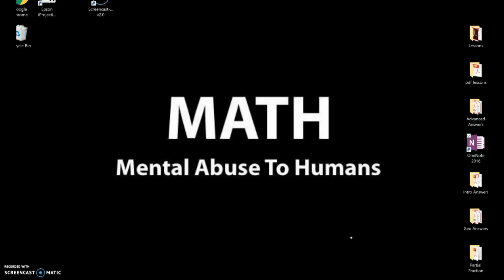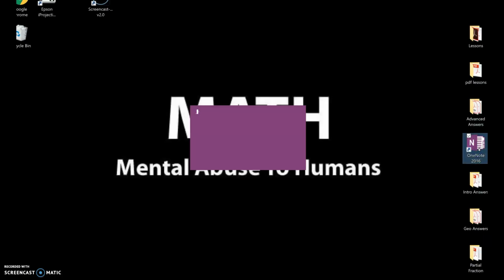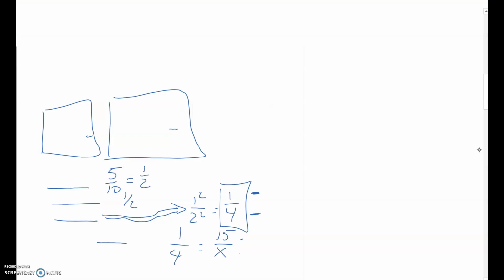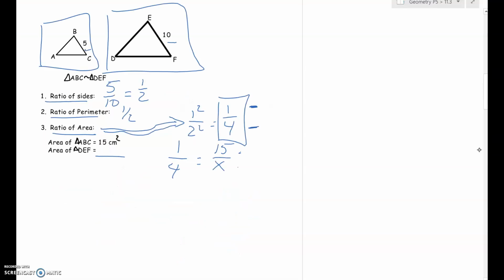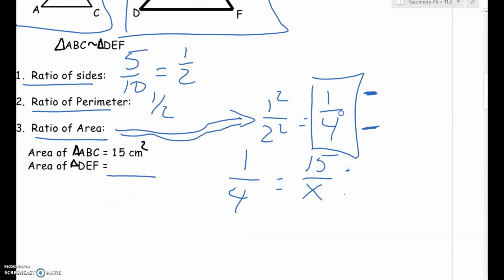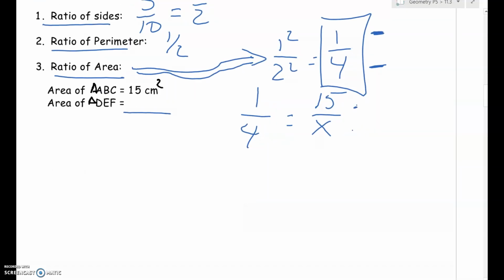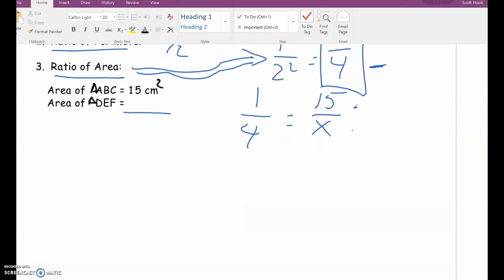So that means the area is going to be 60 centimeters squared.